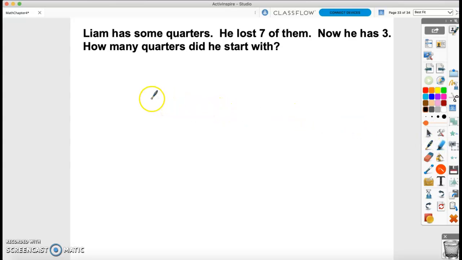It says Liam has some quarters. We're not sure what some means, but he lost 7. So we know we're going to subtract off 7. And now he has 3. So that's going to equal 3. So we're looking to see how many he started with.